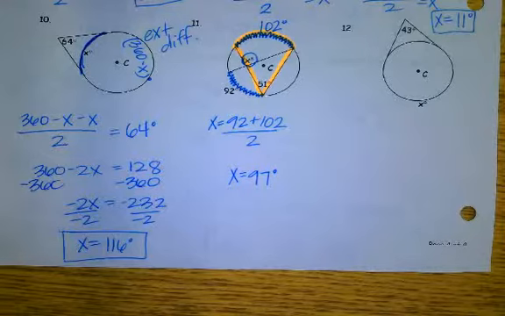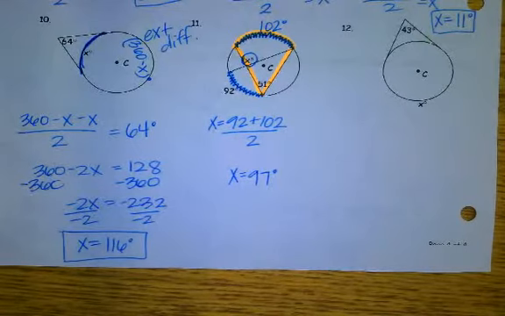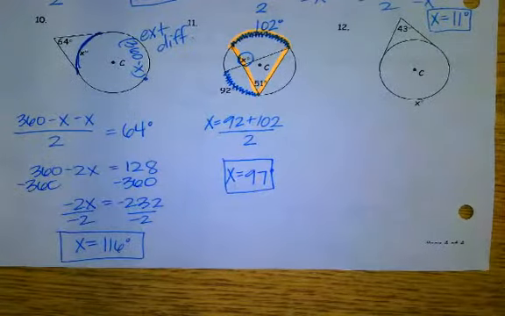This is not what Coach Edwards has. 92 plus 102 is 194. I think she just made a mistake. X equals 97 degrees.